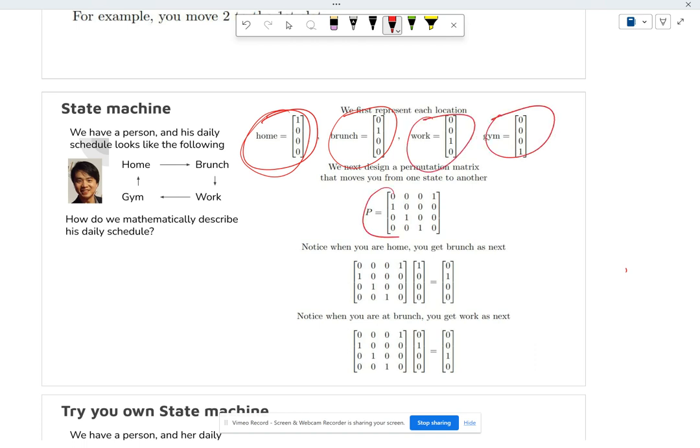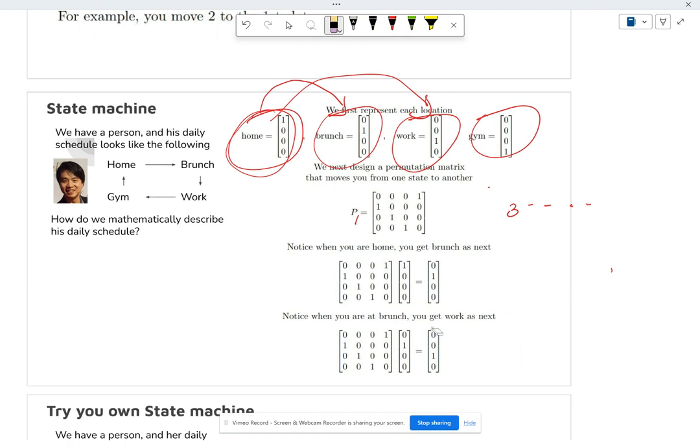And then I would manipulate the Rubik's cube in some way, and I would see that it would move from this state to this state, or this state to this state, and I was able to collect a whole bunch of permutation matrices. So I had P1, P2, and then P3. Each one of them is a different way of how things are going to move from one state to another, depending on the move I make.